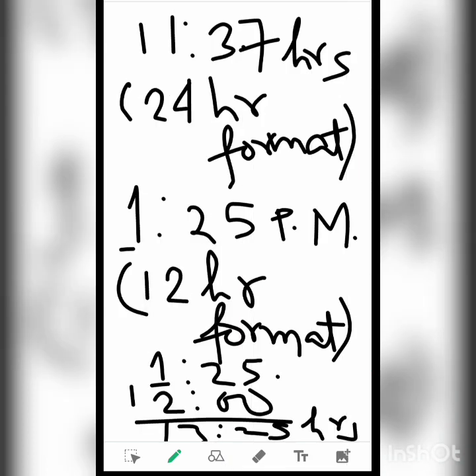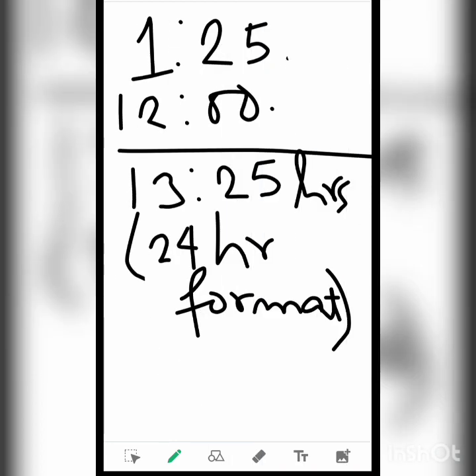We have done that in this particular question. It was 1:25 p.m. in 12-hour format, and when we changed it into 24-hour format, we got this value. So you have to keep these things in mind.